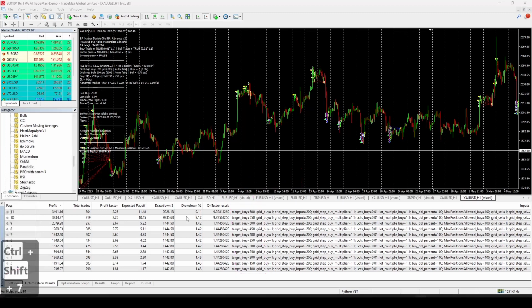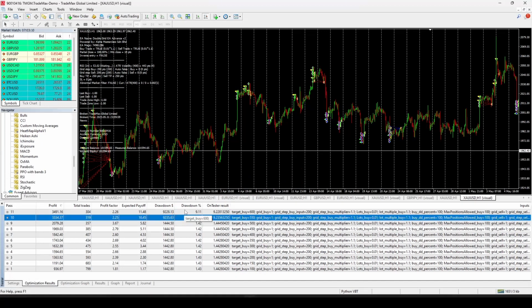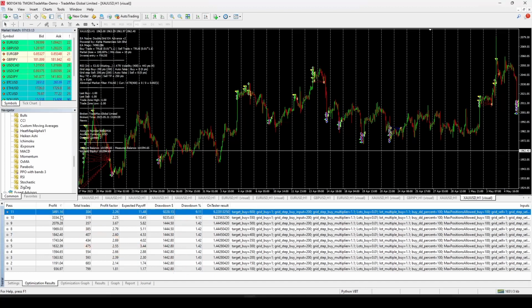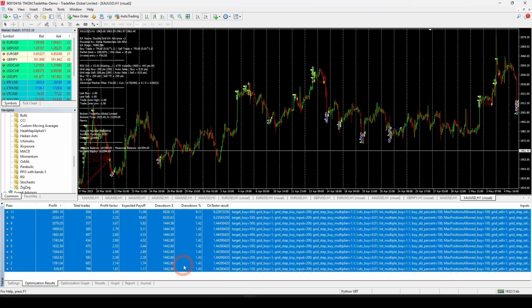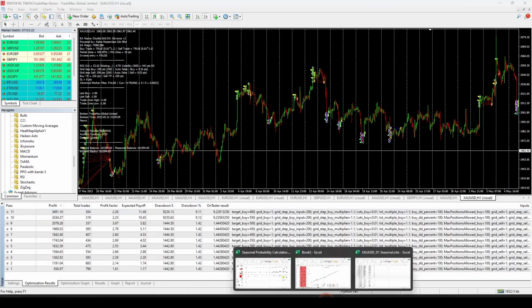Now, if you talk about risk reward, this is your reward and this is your risk. In terms of risk reward, this is the maximum drawdown in dollars. Put it into a simple calculation.